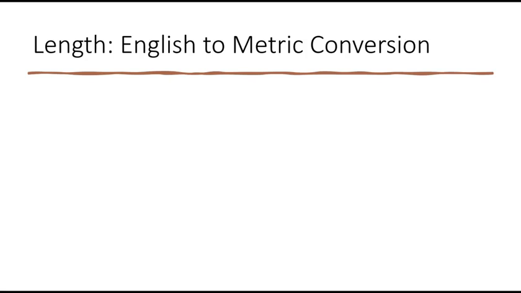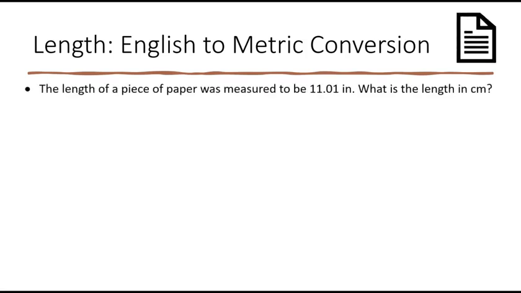Length conversions. Let's convert from English to metric. Consider paper. The length of a piece of paper was measured to be 11.01 inches. What is this length in centimeters? We are given 11.01 inches and we're told to find this in centimeters.